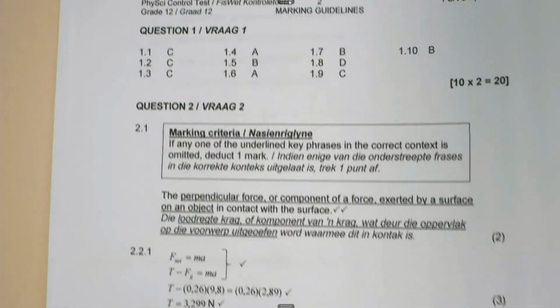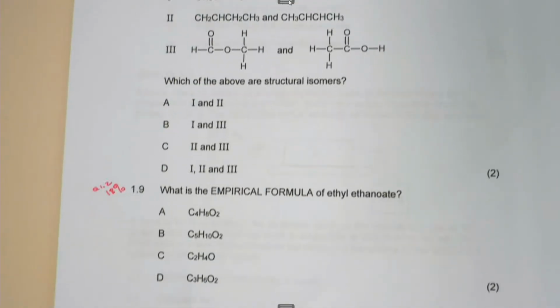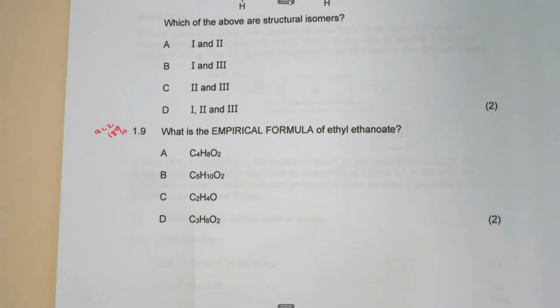So 1.8 is D. I don't think that will be a problem because I believe our learners know what a structural isomer is. Also, colleagues, let us make sure that even though they know the definition, they are able to apply the definition to get the correct answers.